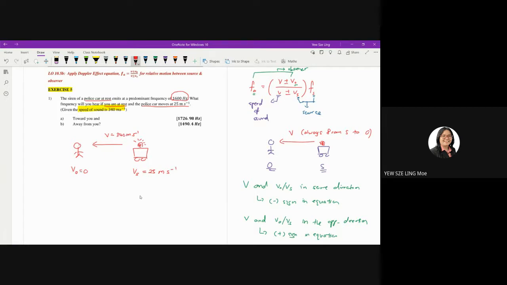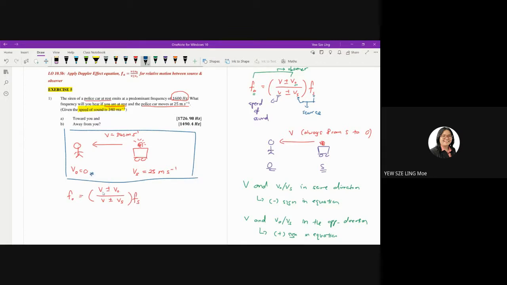Now that we have all this information, let us simplify the equation first. The general equation for the Doppler effect: Fo equals (V plus or minus Vo) over (V plus or minus Vs) times Fs. If you look at the diagram, I have a value that is equal to 0, which is my Vo.